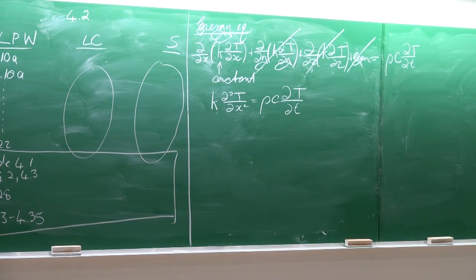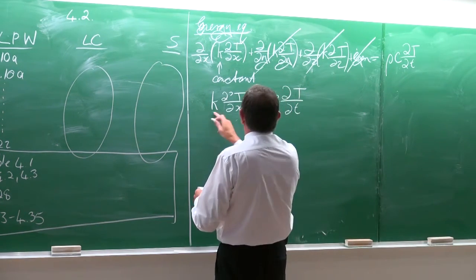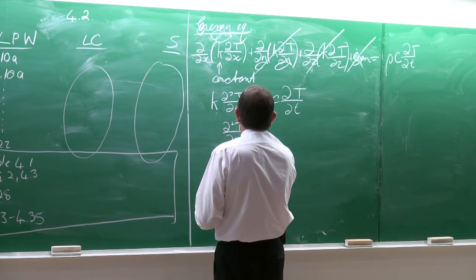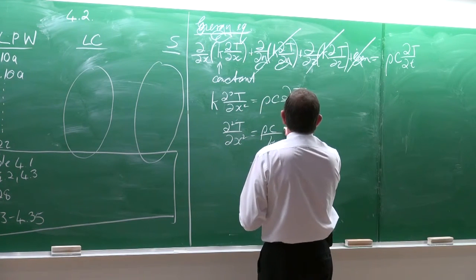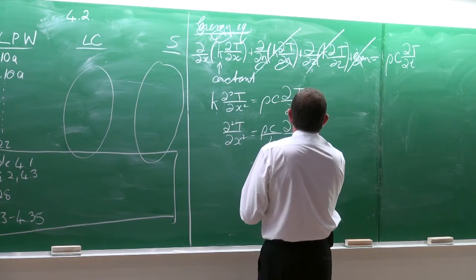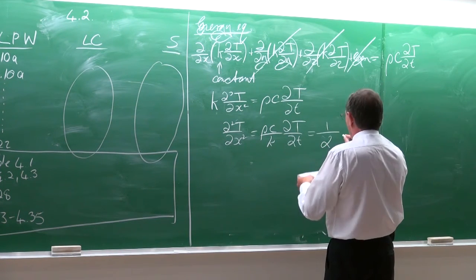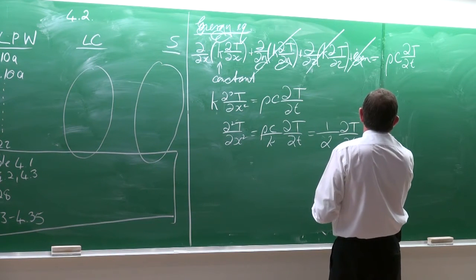So we keep it general. Let's get all the constants together: partial d2T/dx squared is equal to rho c divided by k, partial dT/dt, and that is equal to 1 divided by alpha, partial dT/dt. And that is equation 1.